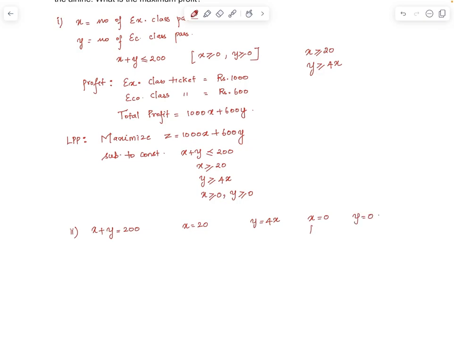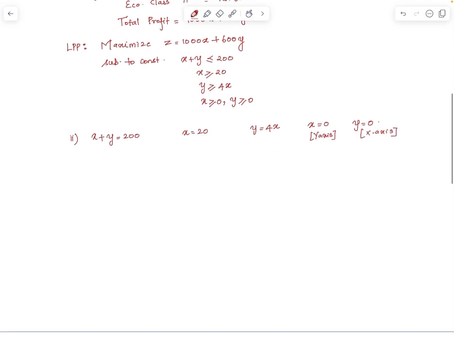X equal to 0 refers to the y-axis and y equal to 0 refers to the x-axis. X equal to 20 is a line which is parallel to the y-axis at a distance of 20 units from the origin.